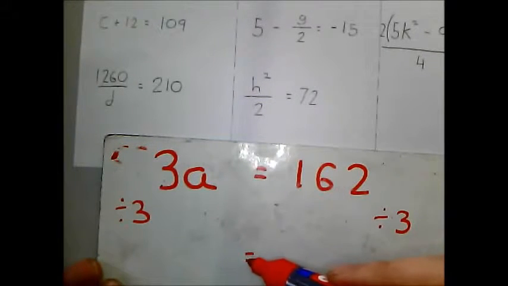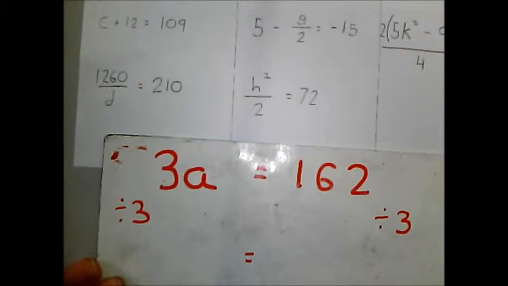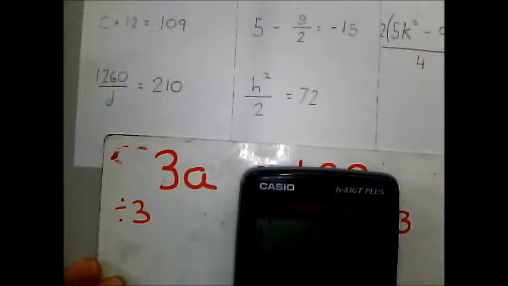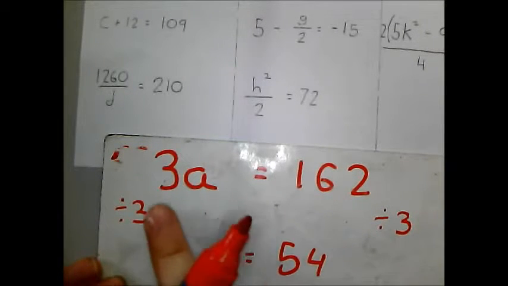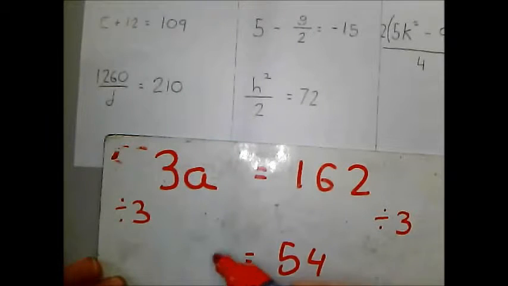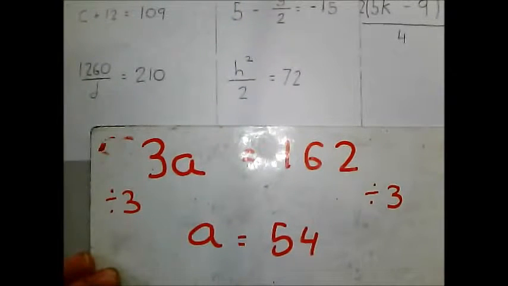So 162 divided by 3 is 54. And then 3a divided by 3 is 1a, or just a, so a is equal to 54.